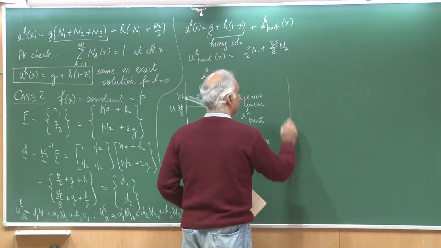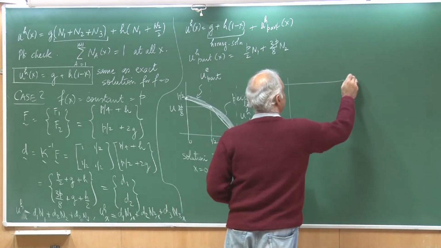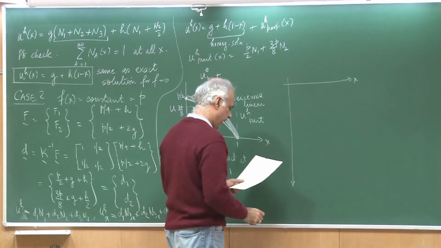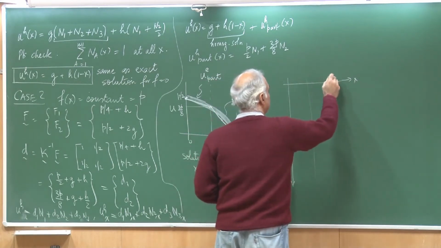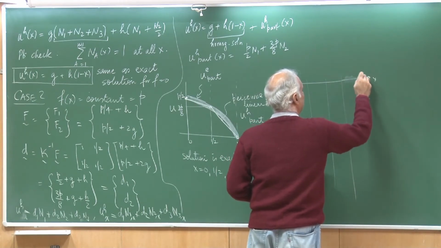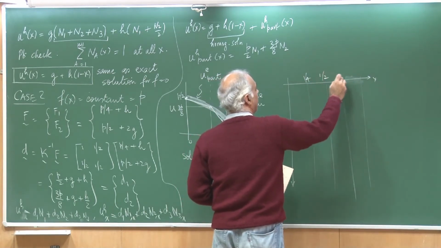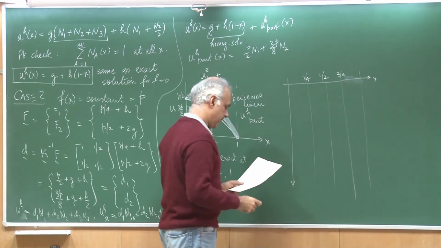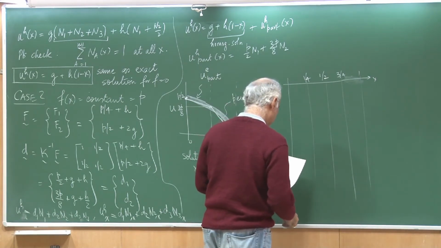I now move on to plotting the slope. So, this is your x axis, this is the slope, and let us make these, so this is a quarter, a half, 3/4 and 1. And what you would find is that the exact solution has a linear slope.